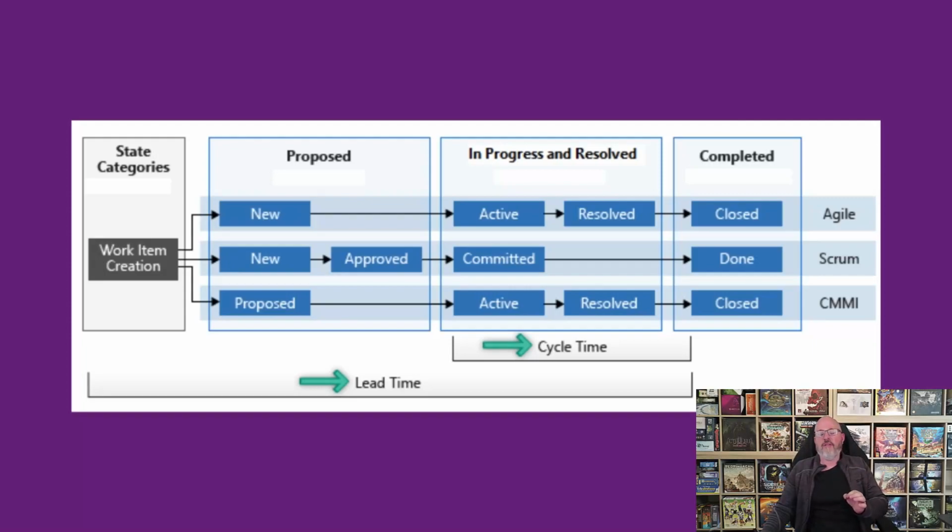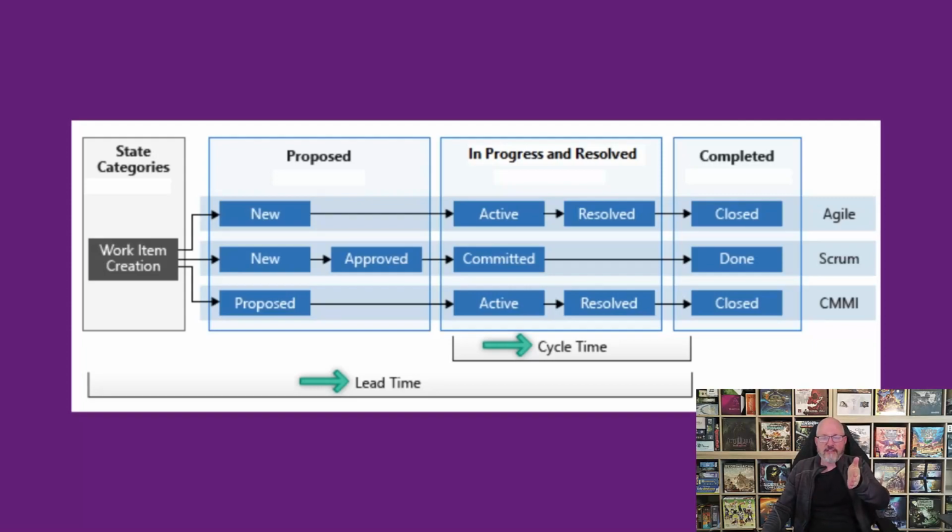Inside of Azure DevOps, they specify cycle time as from when the developers start the work to when it's finished, and lead time as from when it's added to the system to when it's finished. You can absolutely argue the validity of that. I would maybe prefer a more configurable option, but this is how it's configured currently.